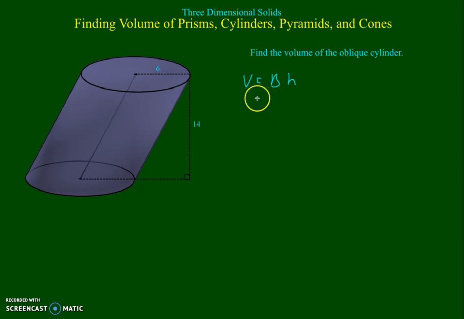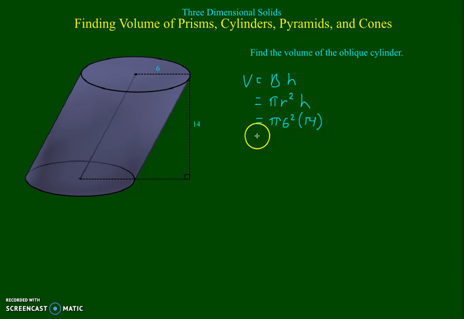In this case, we have, again, pi r squared times height, which is going to be pi times 6 squared. Our radius is 6, and our height is 14.